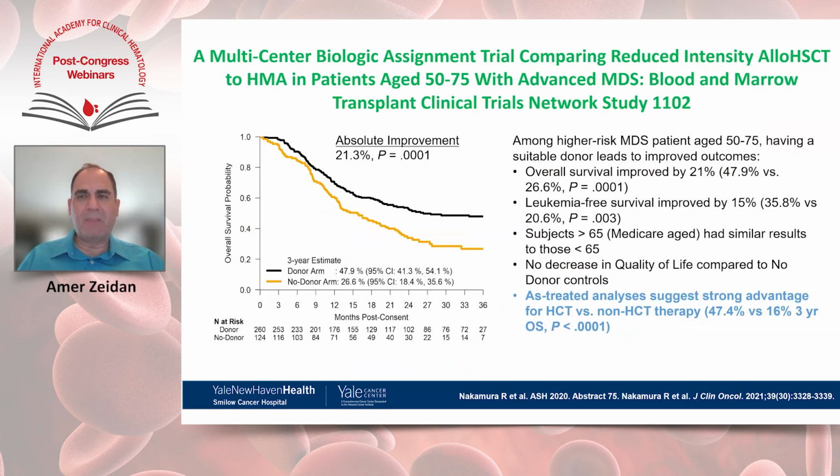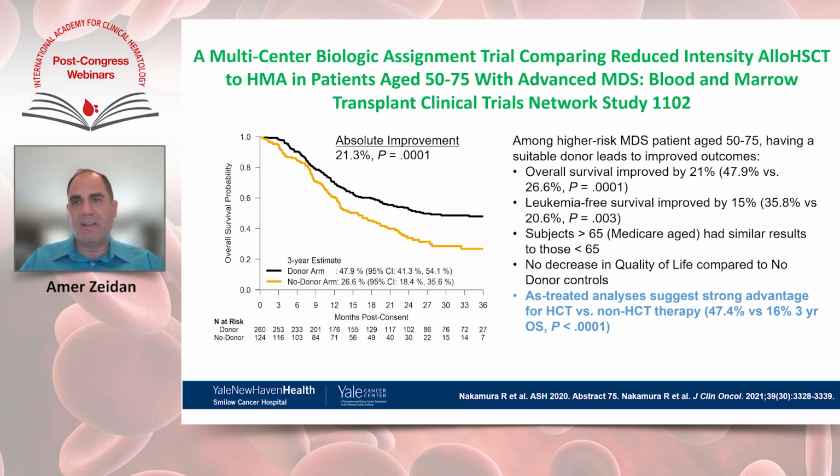There was a presentation at ASH that looked at several questions regarding the response criteria and its association with benefit from transplant. And here I'd like to remind you again that you should always consider transplant for patients. We have high-level biologic assignment data suggesting that up to the age of 75, transplant can double the survival at 3 years, 50% compared to 23%.